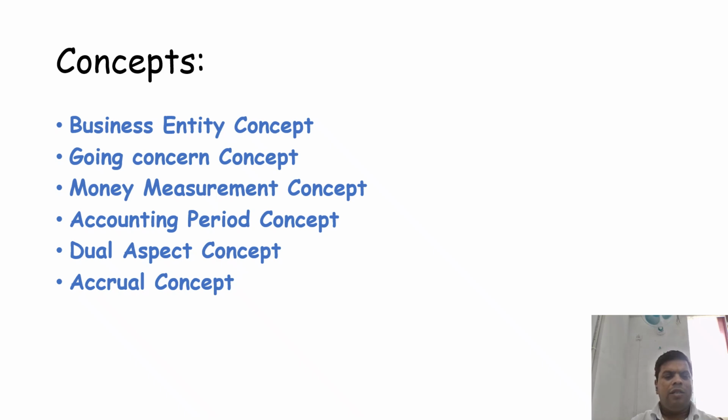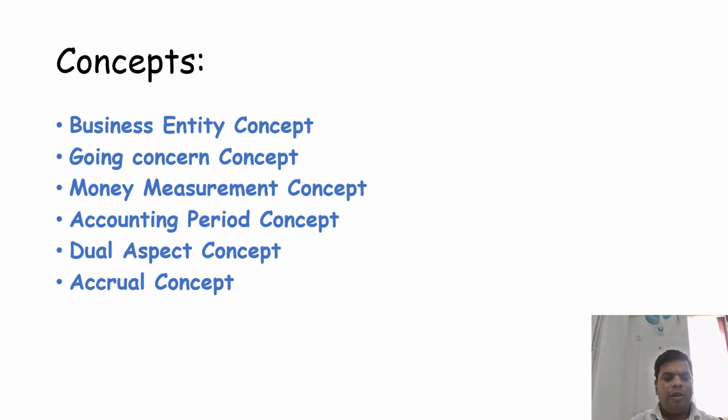Okay. The next one is accounting period concept. Whenever we start to record the transactions, if we are not confining the date of closing, we would not be able to get the proper profit or loss. For that purpose, the accounting concept has given one period for transaction recording.